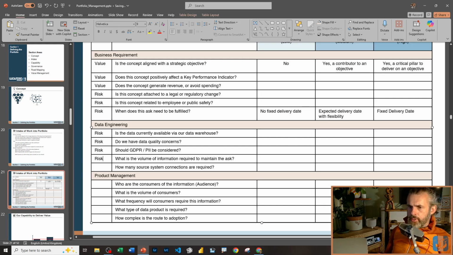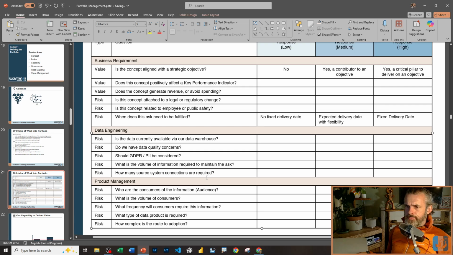Yeah, these are all going to be risk now. How many source systems? Who are the consumers? What's the volume of the consumers? The frequency. What type of data product is required? And how complex is the route to adoption?